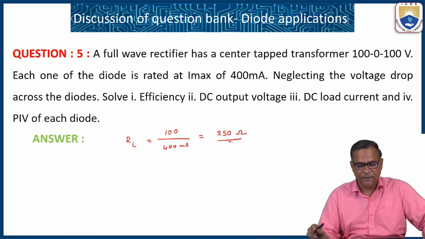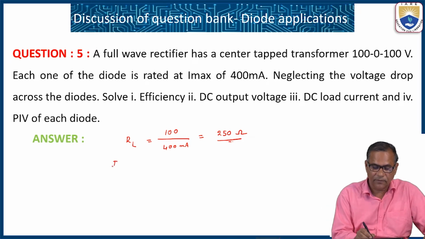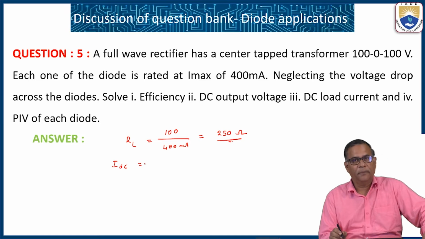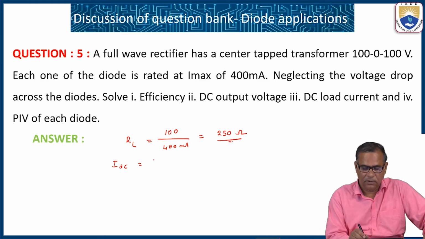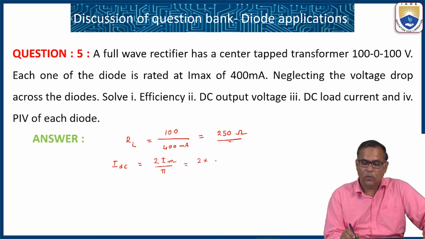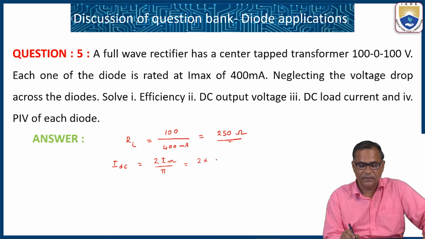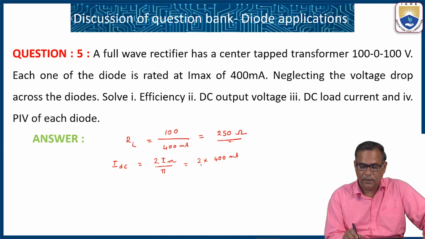So what is IDC? IDC is equal to 2Im by pi, because it is a full wave rectifier. So 2Im divided by pi. So that is equal to 2 into, let us take the current as 400 milliamperes, which is the maximum rated current, 400 divided by pi.